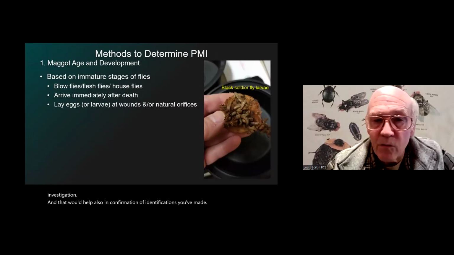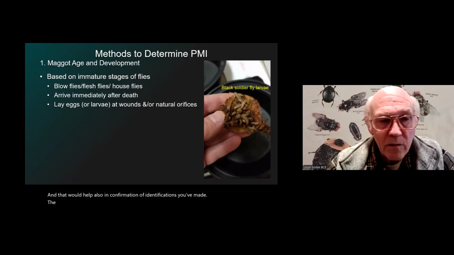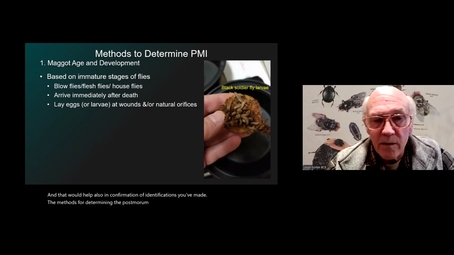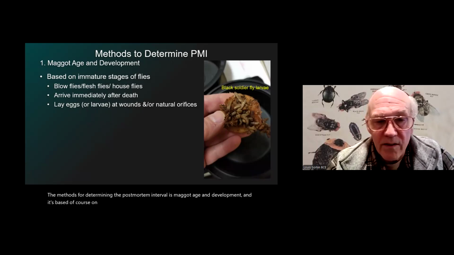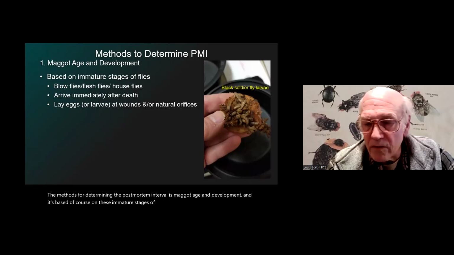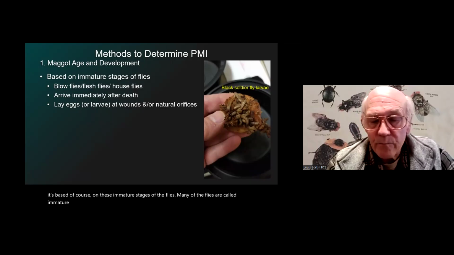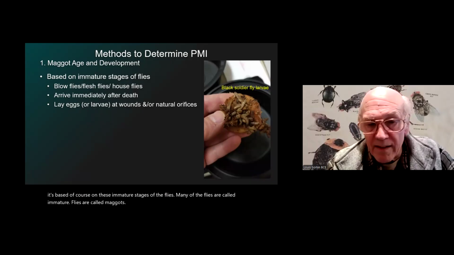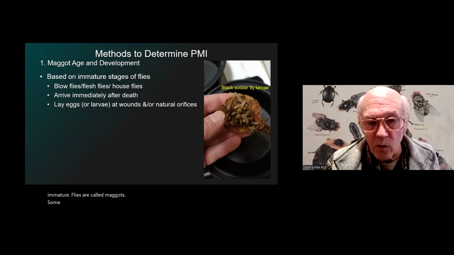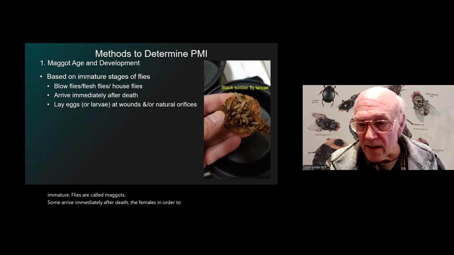The methods for determining the postmortem interval include maggot age and development, and it's based, of course, on these immature stages of the flies. Many of the immature flies are called maggots. Some arrive immediately after death, the females, in order to lay eggs, or larvae, as I stated already, with sarcophagid flies.